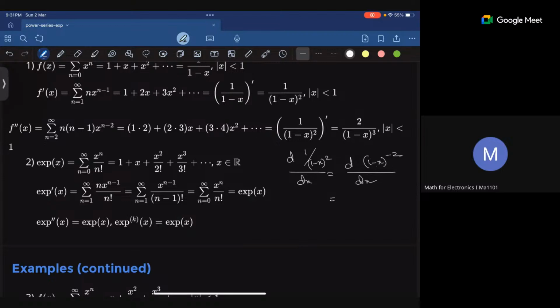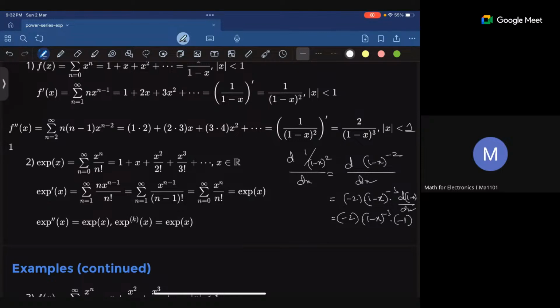So if I take the derivative of x power minus 2, it will be minus 2 into x power minus 3. So x here is 1 minus x, and I have to take the derivative of 1 minus x. So this will be minus 2, 1 minus x whole power minus 3 into 1 minus x derivative will be minus 1. Right, so it will just become 2 by 1 minus x whole cube. Again, mod x should be less than 1.